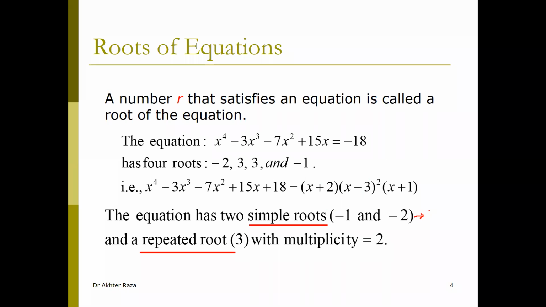Distinct roots are those roots which have separate values. And we have the repeated root, 3. 3 is a root which occurs 2 times, and minus 1 and minus 2 are the two distinct roots. So one repeated root and two distinct roots, that is the solution.